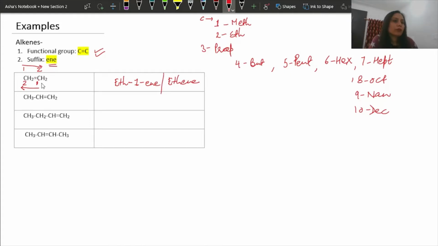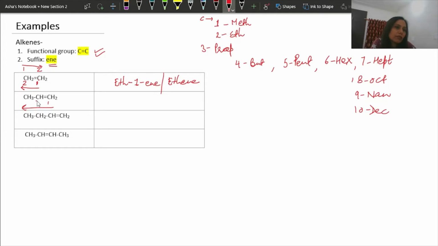With 1 carbon the first bond is coming, so we are writing the position of the double bond here. Although number 1 is never mentioned as a prefix, generally it is called ethene.